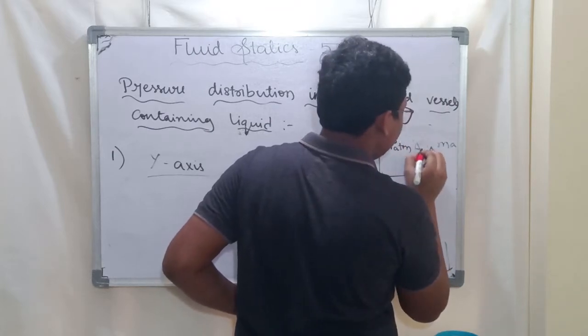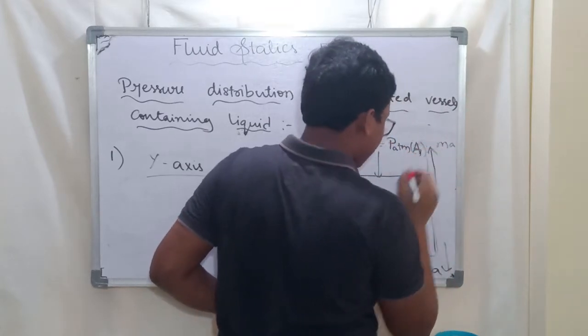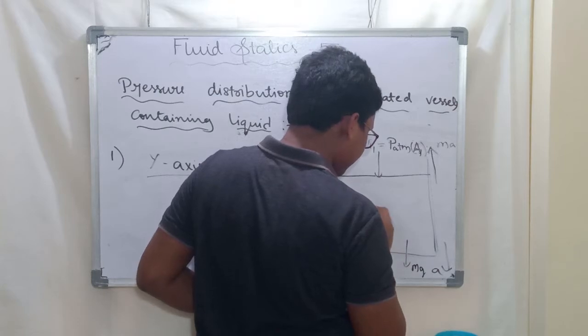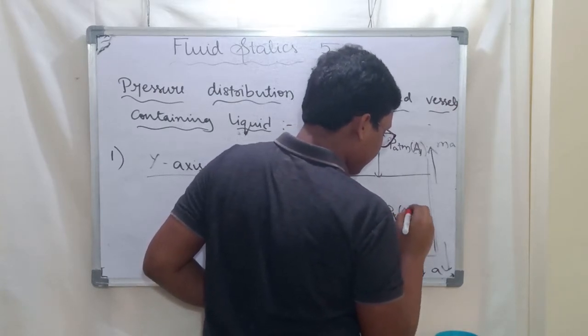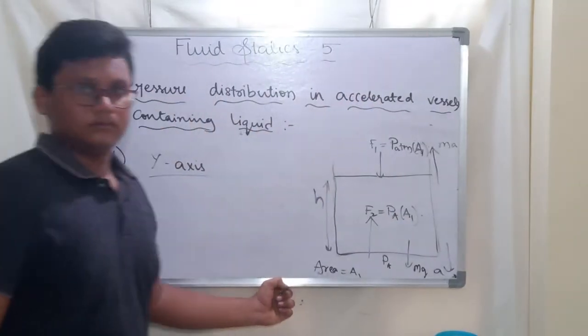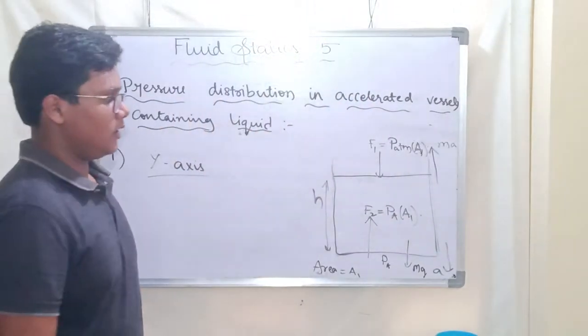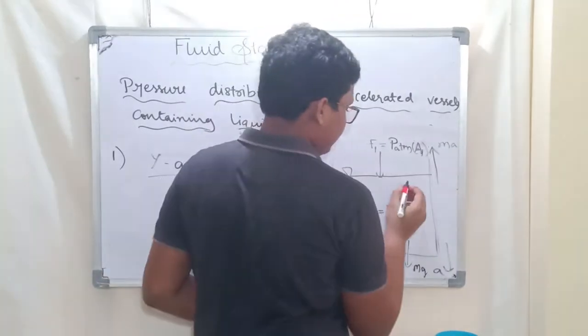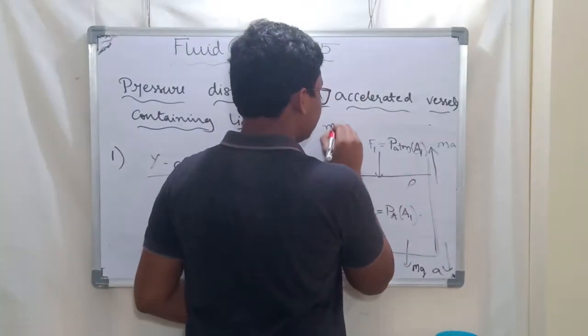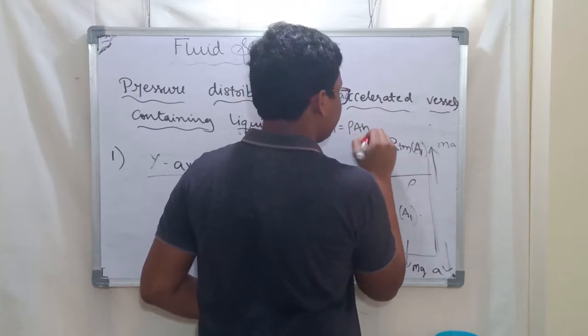See, this is into A1, the force here, and F2 is equals to PA into A1. We got all the forces here. This is density rho. We know mass is equals to rho AH.